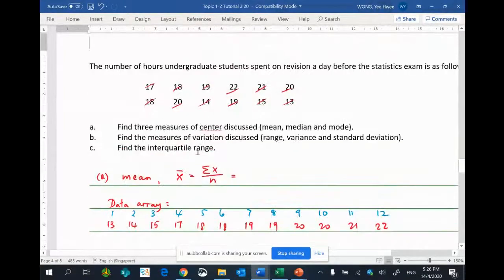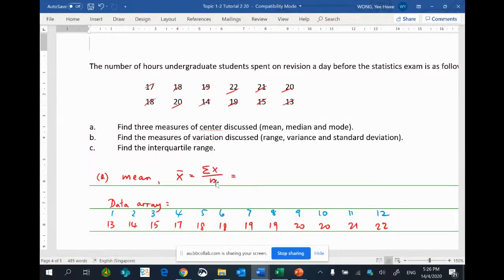So the whole thing we have done it. Just to point out what is so special about this compared to what you have in your tutorial exercise, yeah? So x bar equals summation of x divided by n. So what would be the x bar? The summation of x, for this particular set of data, you sum up all the numbers, it gives you 216.